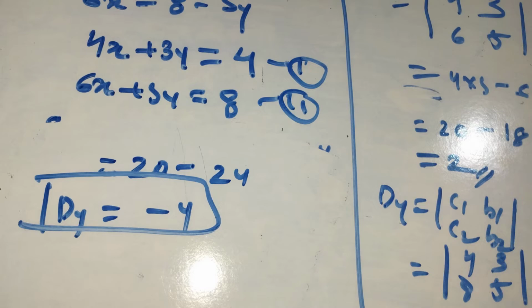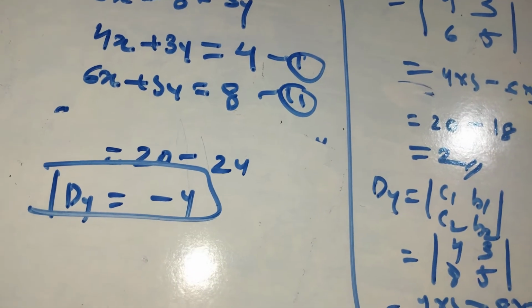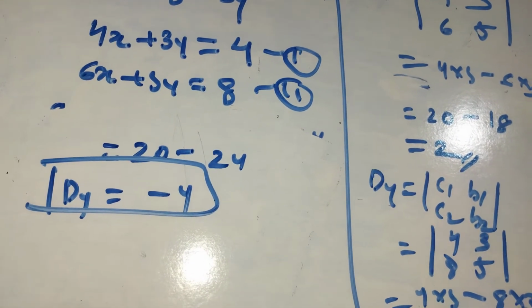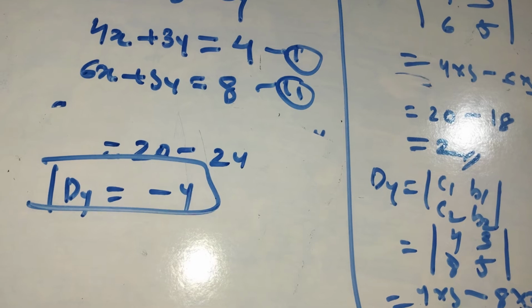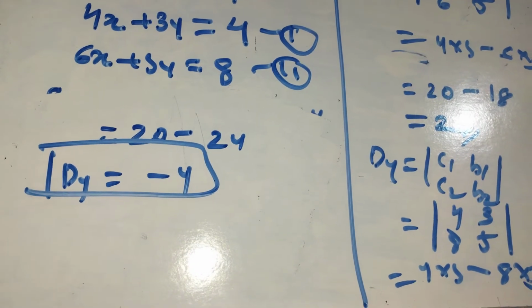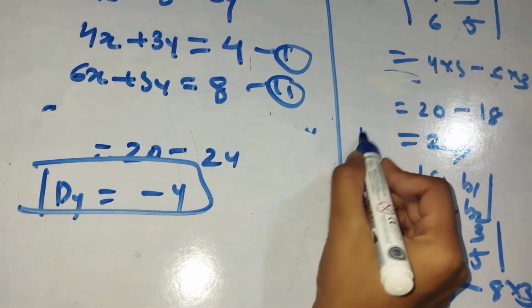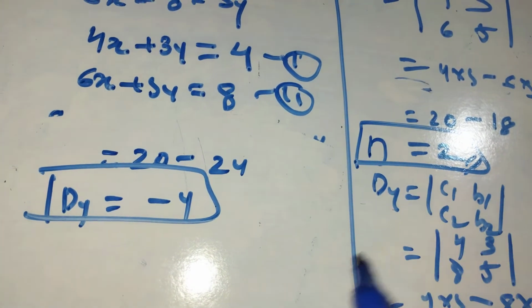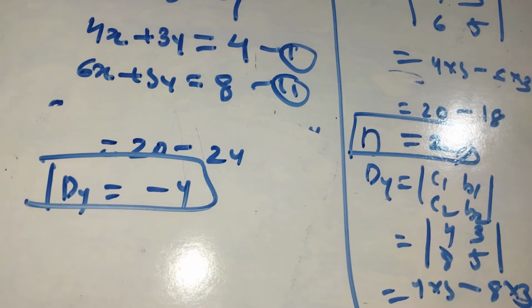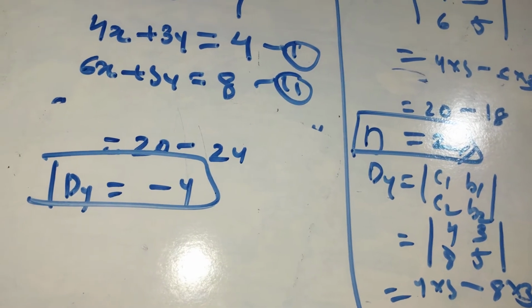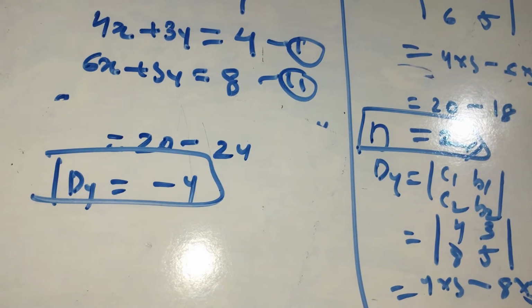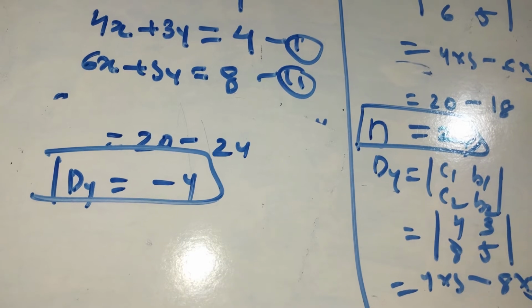So here we found the dx value first, and we didn't find the dy value, so we also have to find the dy value. We can find it after the dx also.